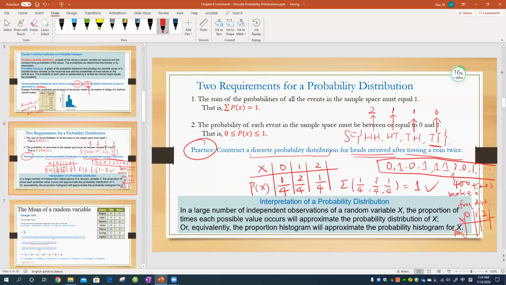So you will observe about 100 zeros, and then 200 ones and 100 twos. And then if you use empirical probability to calculate that, it will be very close to the theoretical probability we put here. So that's the interpretation of a probability distribution.